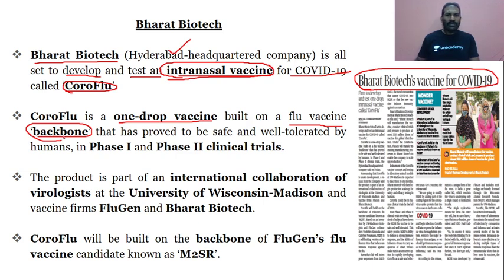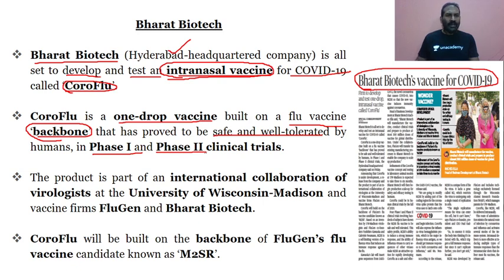Based on that, this Coroflu has been developed and tested, and it has been found safe and well tolerated by humans, especially in the phase 1 and phase 2 clinical trials conducted by Bharat Biotech.